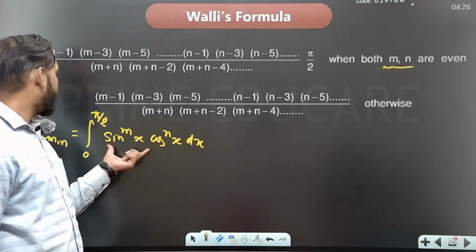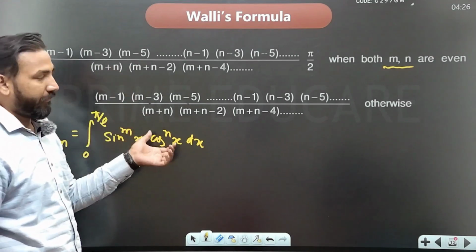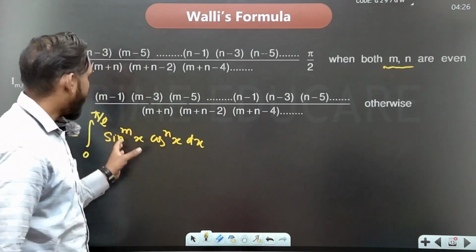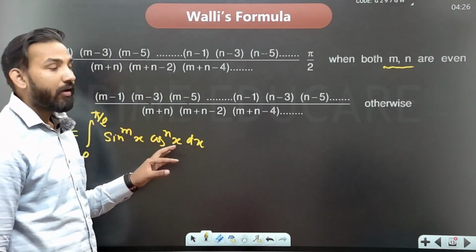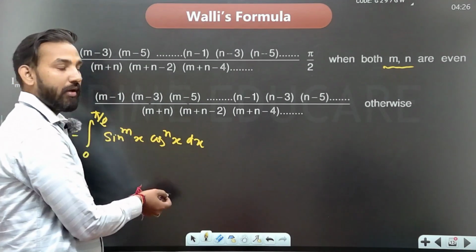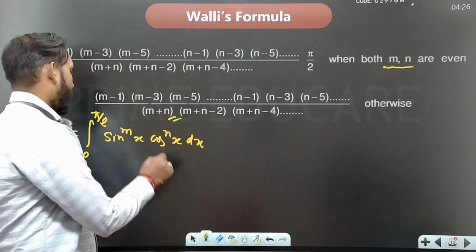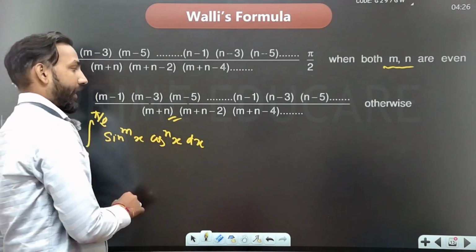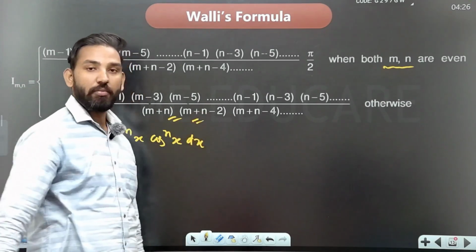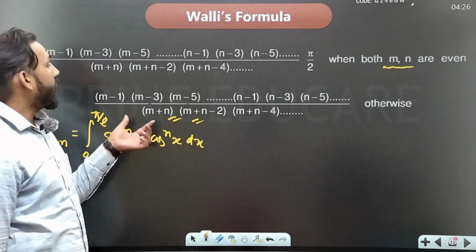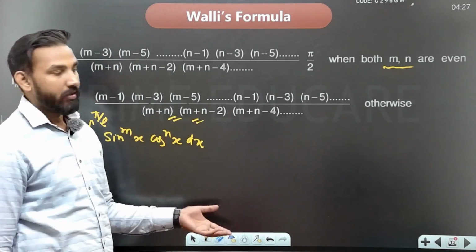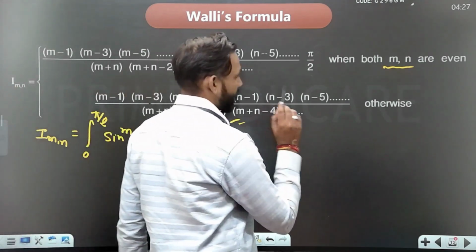The value of this integral will be this. If m is even and n is odd, then we apply this formula. If m is odd and n is even, then this formula also applies. And if m and n both are odd, then also we apply this formula.